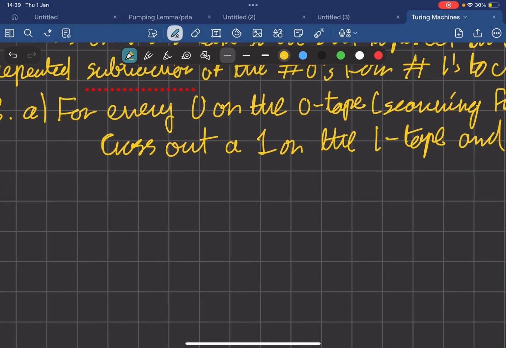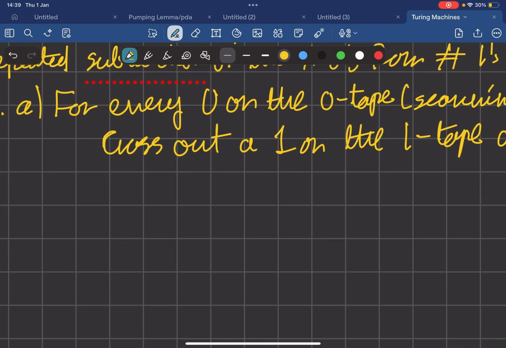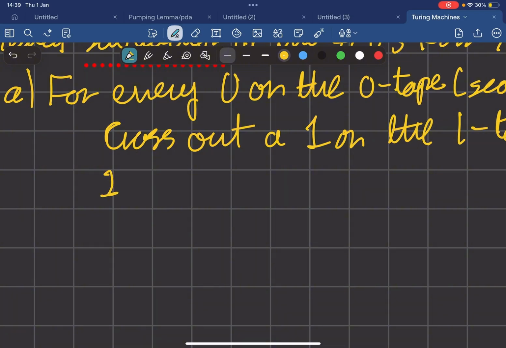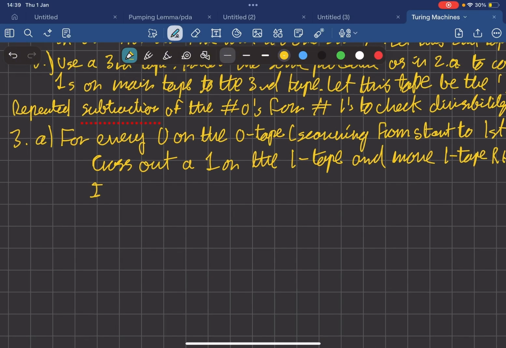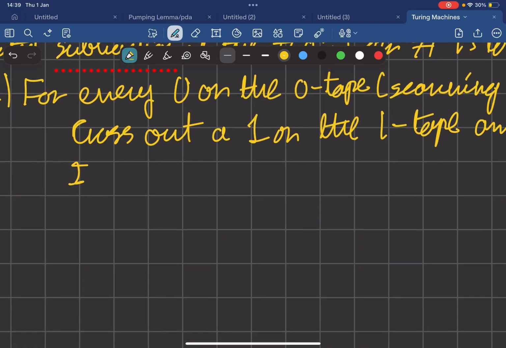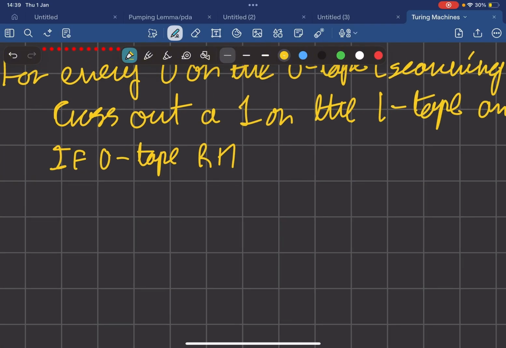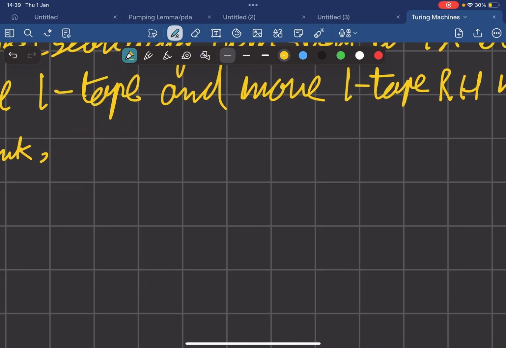And now, at this point, we've moved both read heads on the 0 tape and the 1 tape by 1, and so we want to check if they're on blanks or not. So if the 0 tape read head is on a blank, then we finished a batch of zeros essentially.